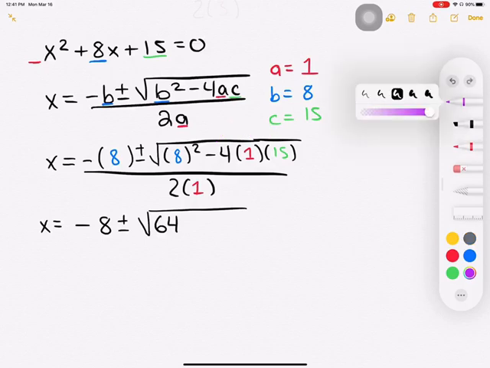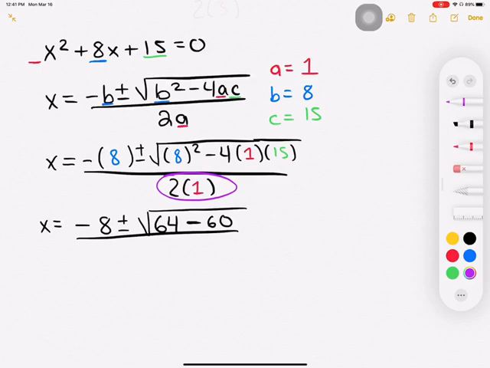Okay, so make sure that you have the sign correct over here, and just multiply the magnitudes of the values. So 4 times 1 is 4, times 15, that should be 60. Okay, then divided by, and we can evaluate this operation in the bottom of the denominator, right? 2 times 1. Make sure that you don't forget to do that multiplication as well.